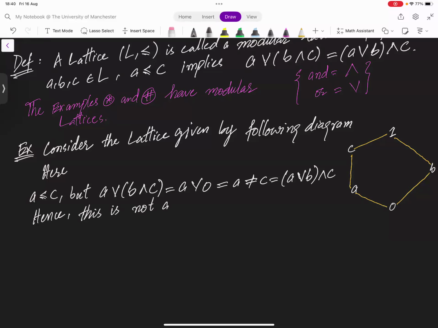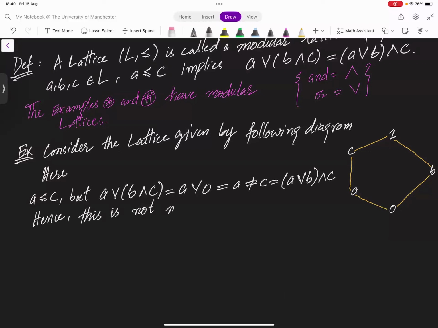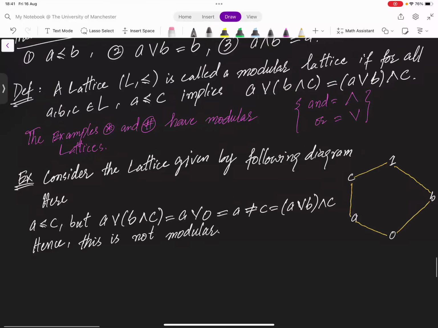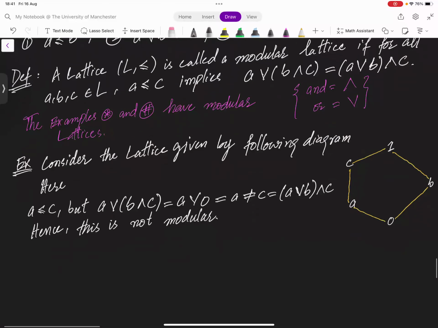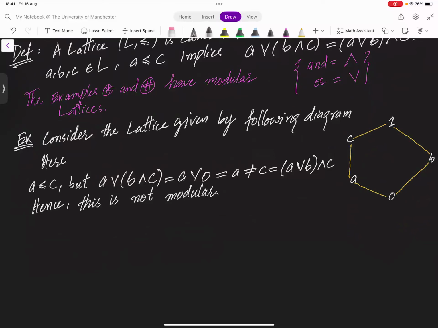This is not modular, because the conditions we are trying to satisfy are not satisfied. So that's why. Because we have a condition that A or (B and C) should be equal to (A or B) and C. So that's how they are distributive.